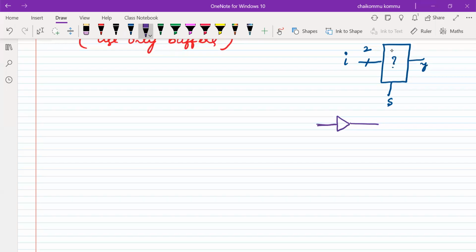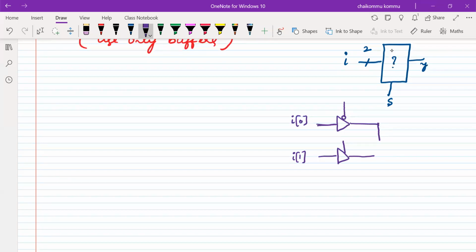I'm going to use a not buffer here, and another buffer here. This is I of 0, and this is I of 1. These two are connected here. I'm not going to explain the design, so I'm directly telling you all these things.